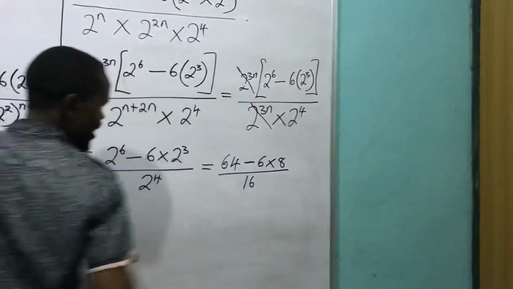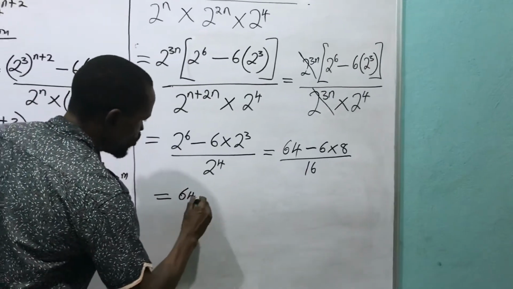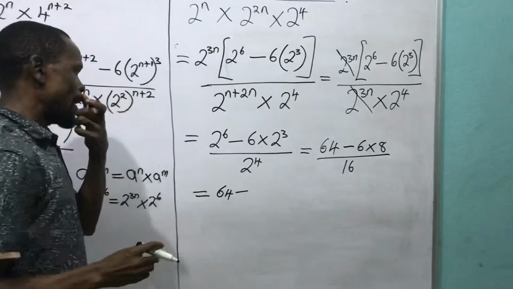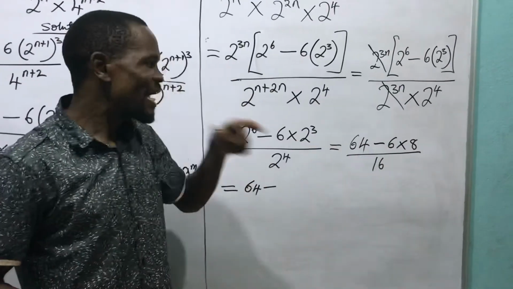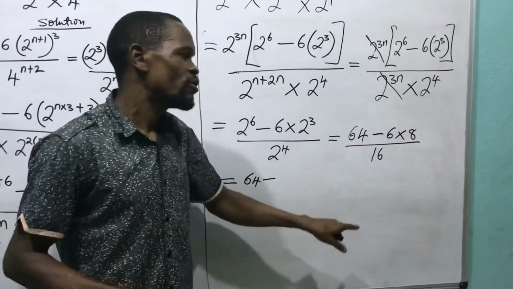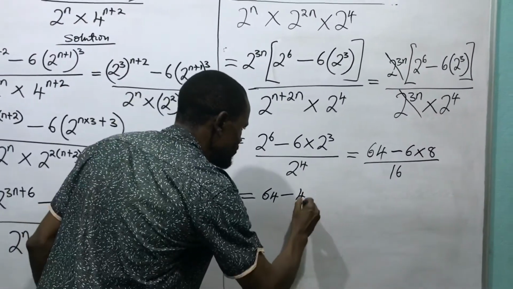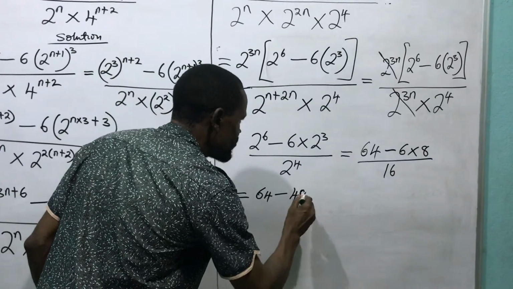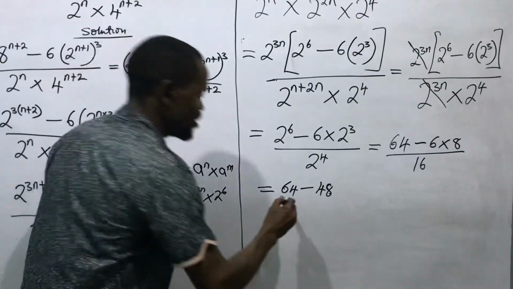Then we are going to have this equals to 64 minus 8 times 6. 8 times 3 is 24. 24 plus 24 will give me 48. 8 times 6 will give me 48. Are you following me? Good.